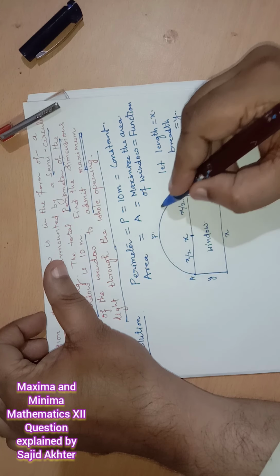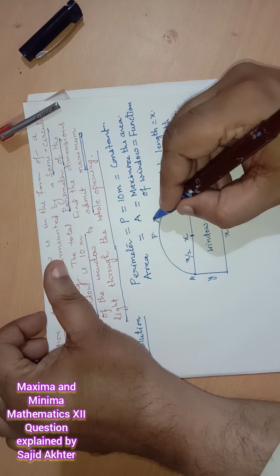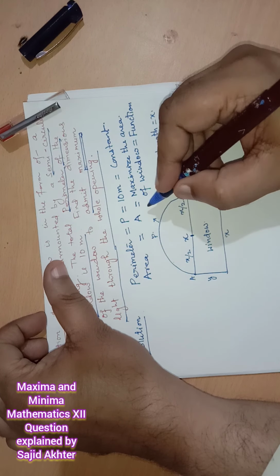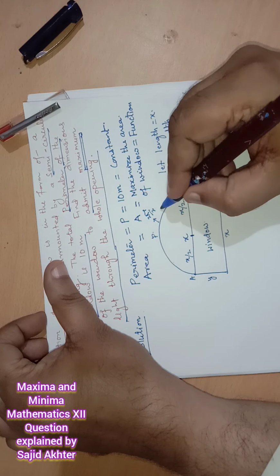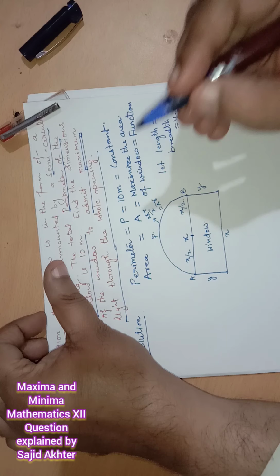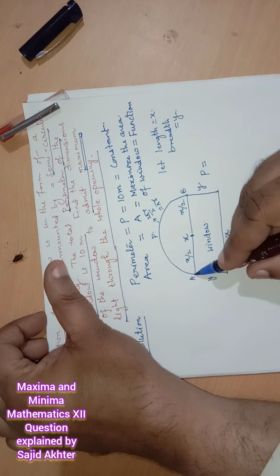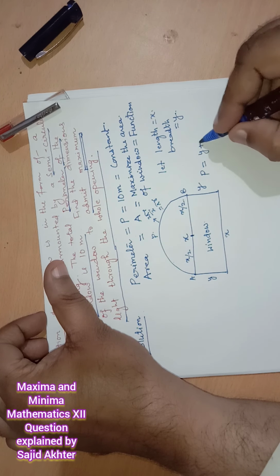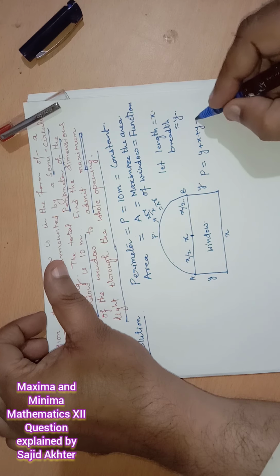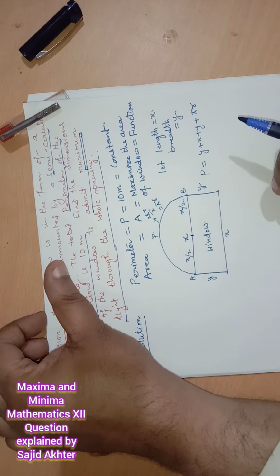So this part is half of the circumference of the circle. As we know, the circumference of the circle is 2 pi r, divided by 2, so it is pi r. So the perimeter is the length of the boundary: y plus x plus y plus pi r. Pi r means the part of the curved path.